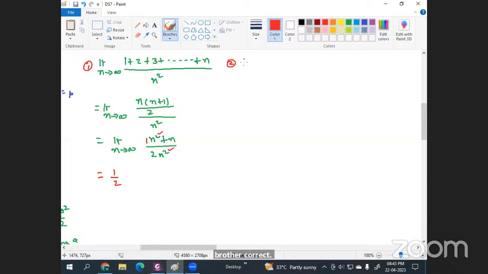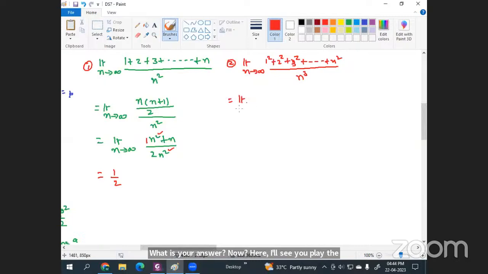And the second question is limit n tends to infinity, 1 square plus 2 square plus 3 square plus so on plus n square by n cube. What is your answer here? Now here also you apply the series. Limit n tends to infinity, I can write n into n plus 1 into 2n plus 1 by 6n cube.